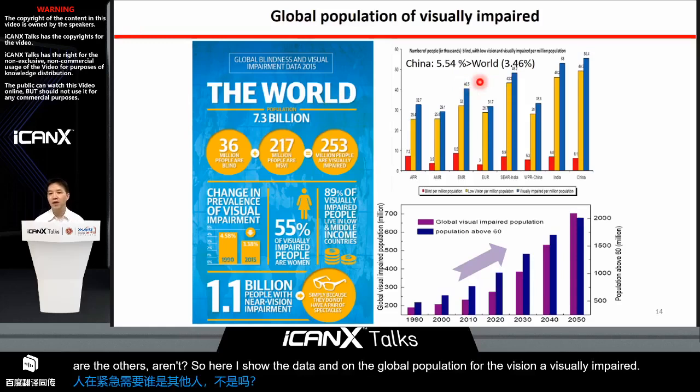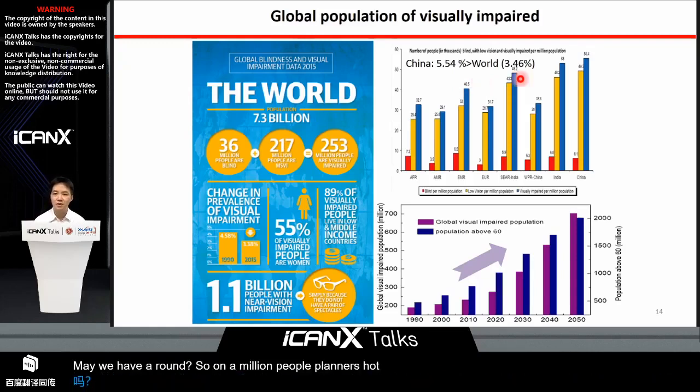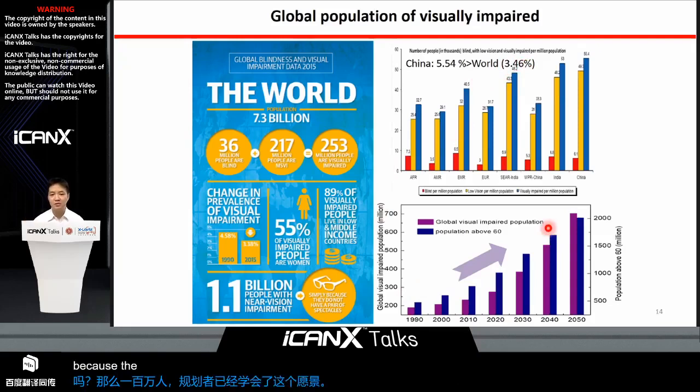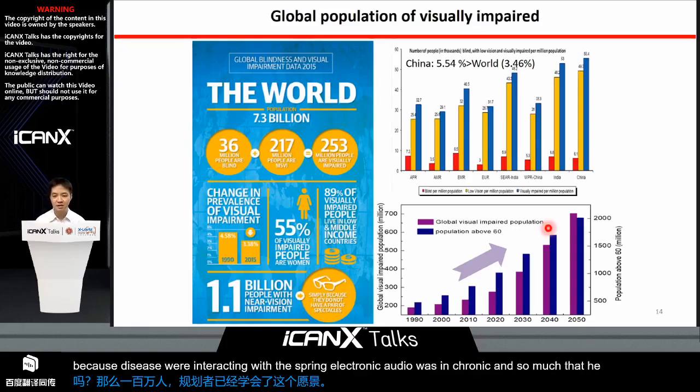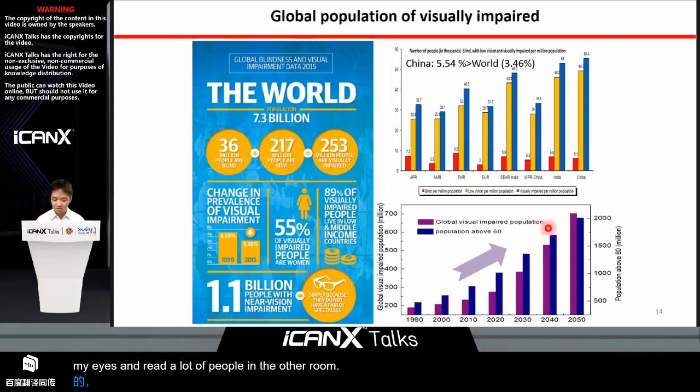Globally, we have around 200 million people suffering from blindness, half blindness, and visual impairments. And this number is going up because these days we're interacting with screens and photoelectronics so much that it really kills our eyes. A lot of people are in urgent need of vision recovery technologies.